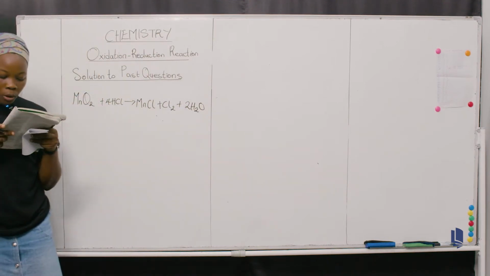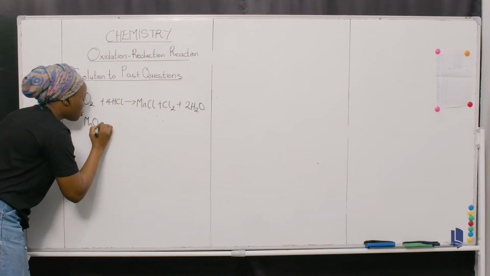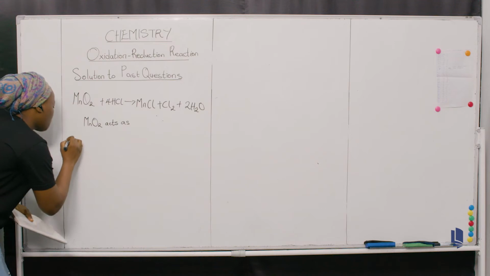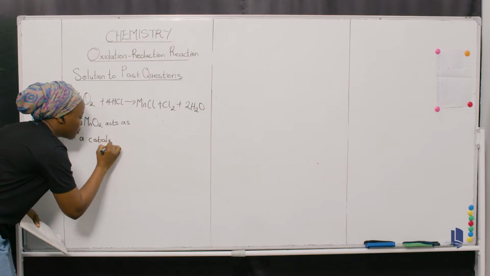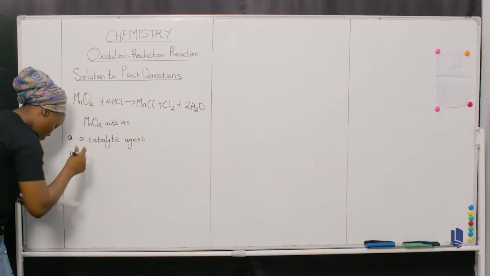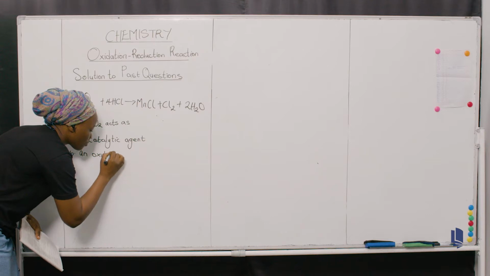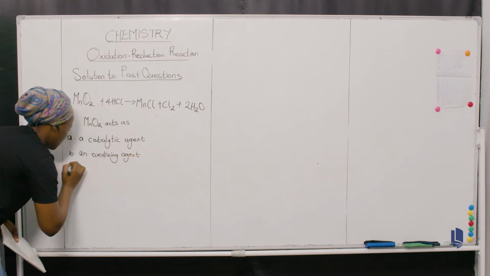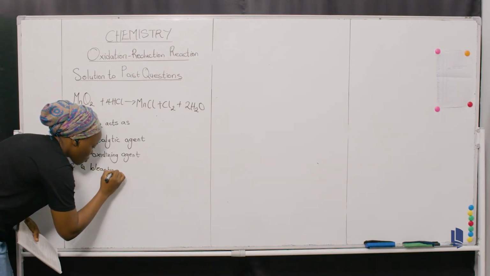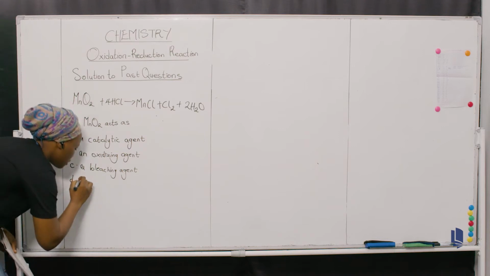That's the reaction. In the reaction above, MnO2 acts as: A, a catalytic agent, B, an oxidizing agent, C, a bleaching agent, D, a reducing agent.